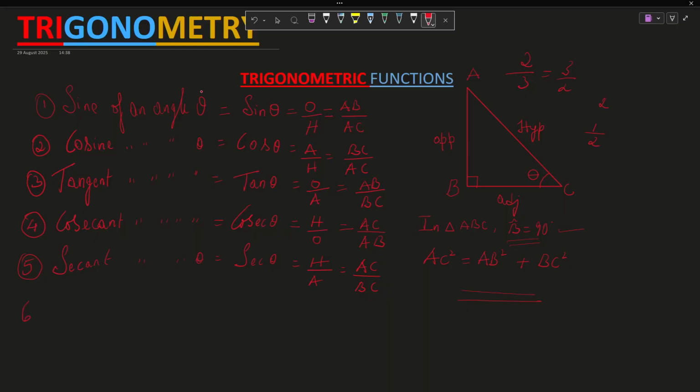Now the last one, the sixth function, is called cotangent. Cotangent of an angle theta is called cot theta.